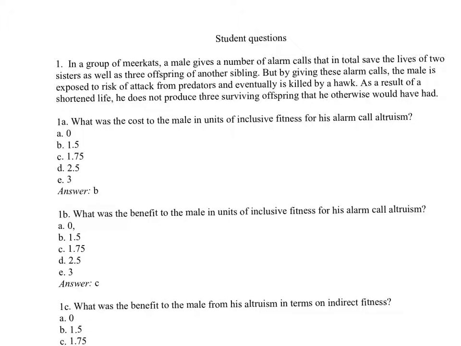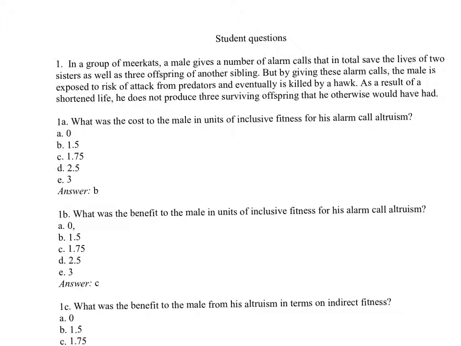Okay, and they've got R equals 0.25 plus 0.25 plus 0.25, which equals 0.75. So essentially what we have in terms of indirect fitness units is 1.75.